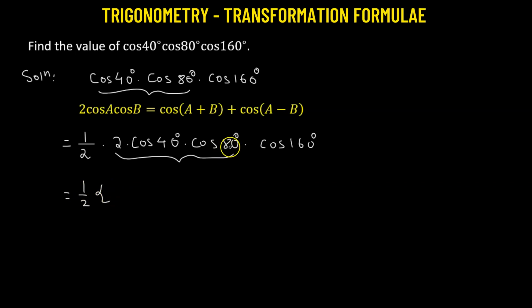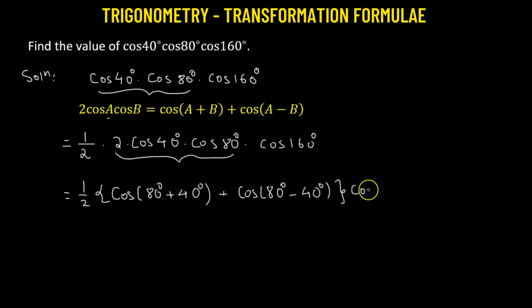Let's take 80 degrees to be A and 40 degrees to be B, so we are assuming that A is greater than B. Then we have cosine of A plus B, so 80 degrees plus 40 degrees, plus cosine of A minus B, so 80 degrees minus 40 degrees, all multiplied to cosine 160 degrees. So that will be equal to half times cosine of 120 degrees plus cosine of 80 minus 40, so that's 40 degrees, multiplied to cosine 160 degrees.